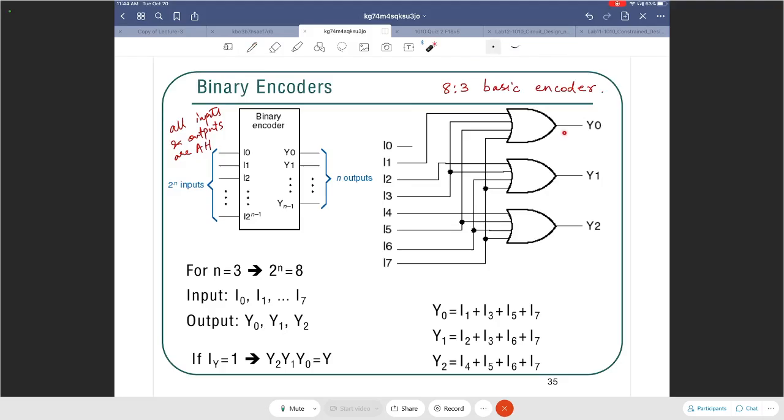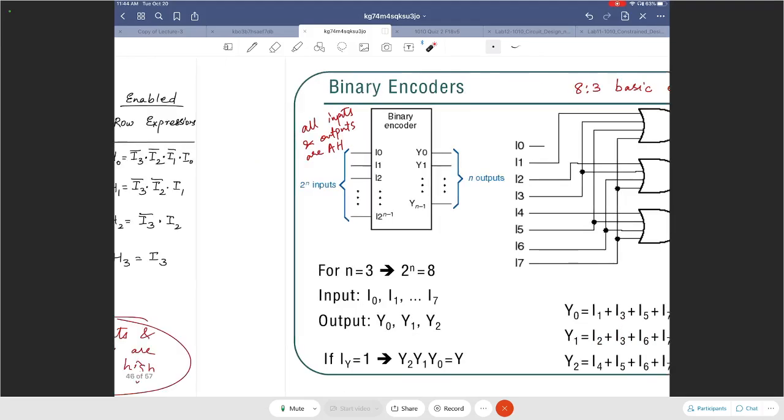How are they connected? A simple OR gate. In our example, Y0 was simply I1 or I3. In this case, it's going to be I1, I3, I5, I7. Y1, we had I2 or I3. In this case, it's going to be I2 or I3 or I6 or I7. Because literally that's what happens, right?